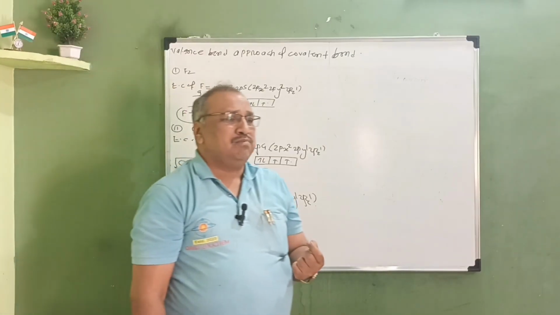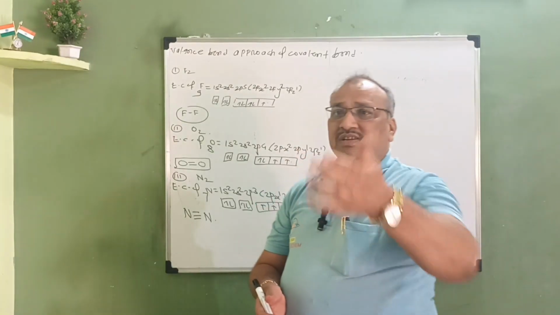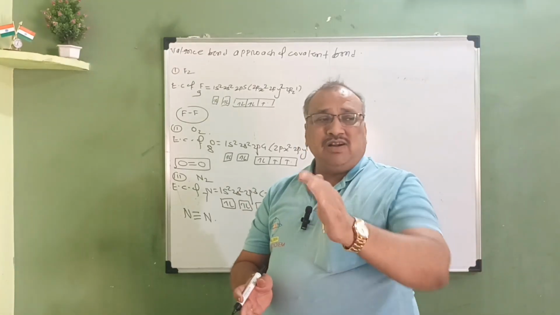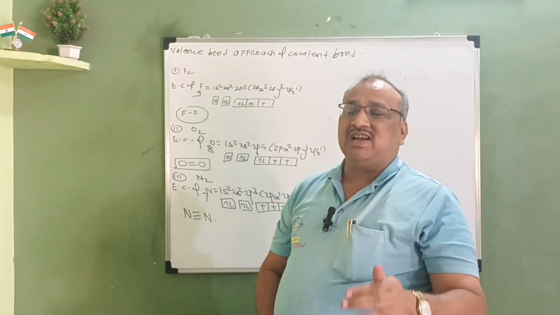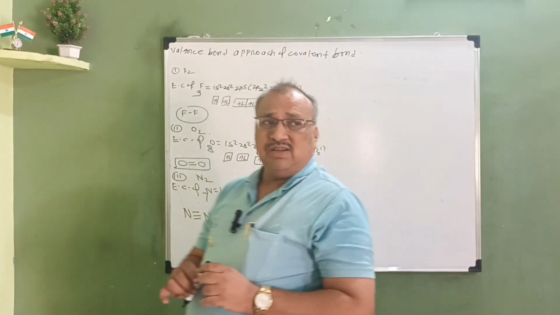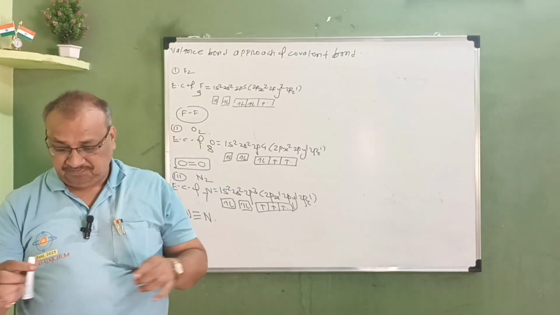Now the most important postulates of valence bond theory are these. First, a covalent bond is formed only when a half-filled valence atomic orbital of one atom overlaps with a half-filled valence atomic orbital of another atom.